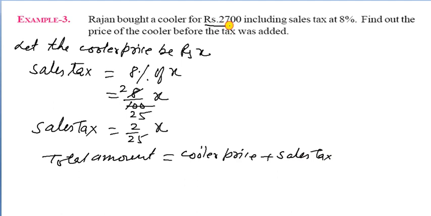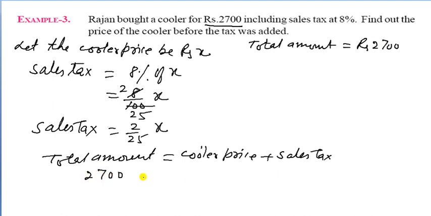So amount is given as rupees 2700. So total amount which is given as rupees 2700.